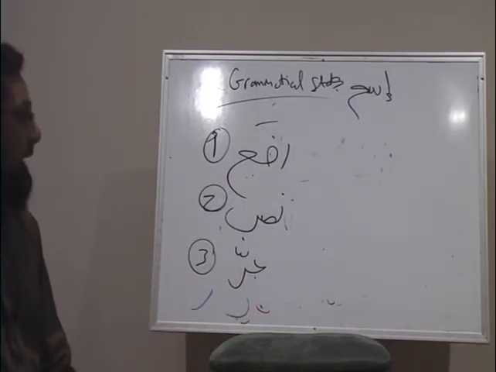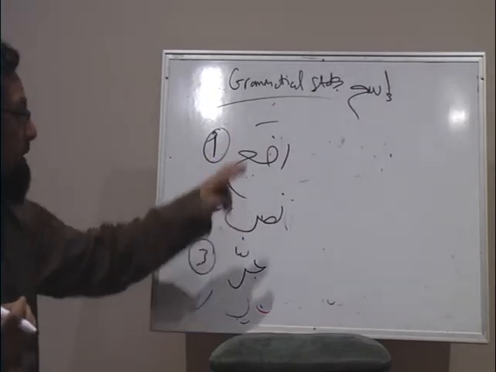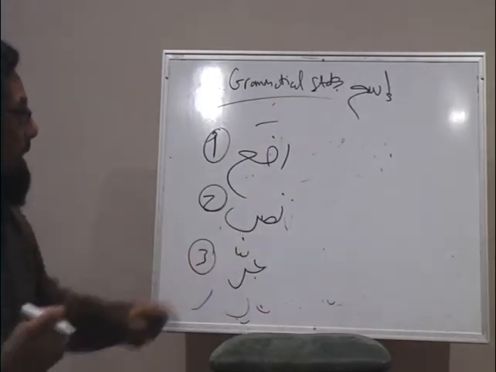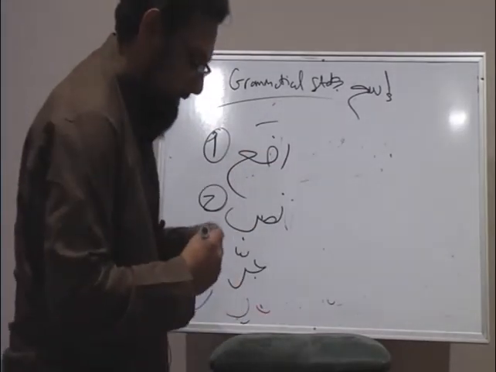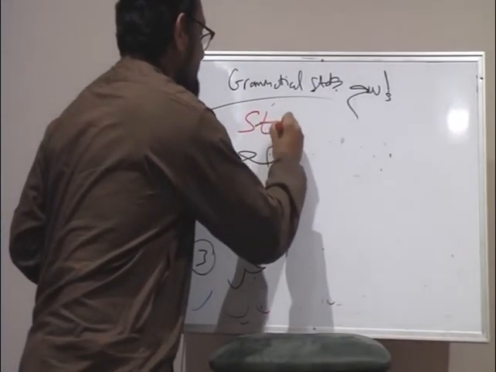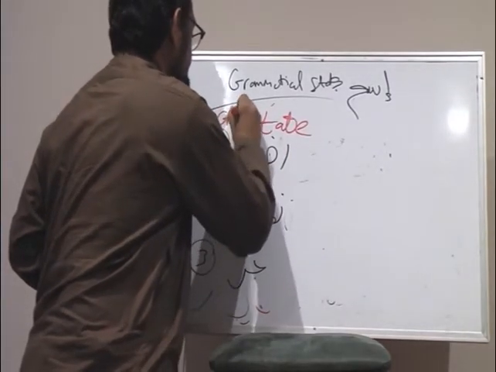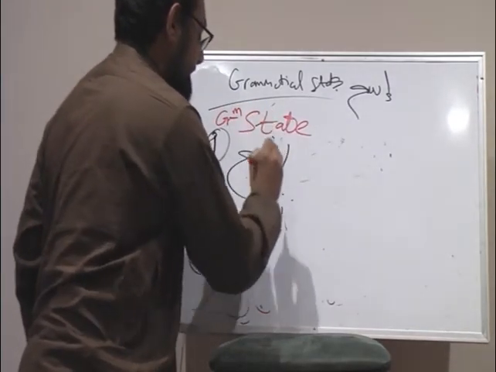So the ism that comes after the preposition is reflected by these, is in the state of these. Let's get this right. So this is the state, or the grammatical state of the ism: rafa, nasab, or jar.